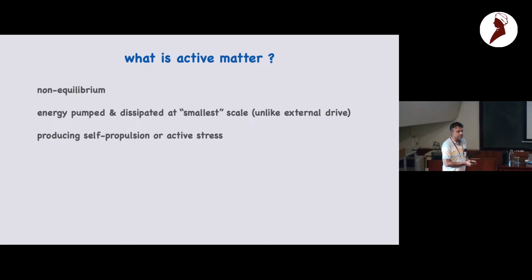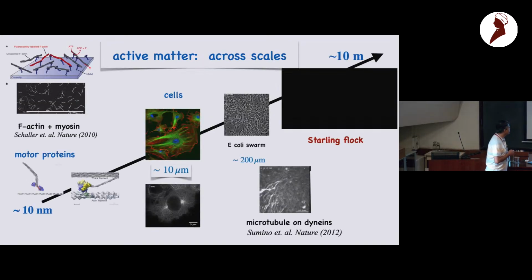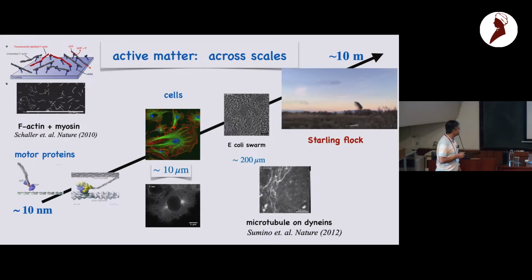So each individual is internally driven. For biological systems, it's easy to understand. I can call myself an active particle because I can move without external forces. They produce self-propulsion or can produce stress on their surroundings. So this is the brief definition of active matter.